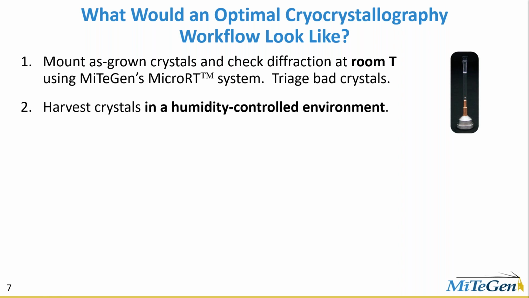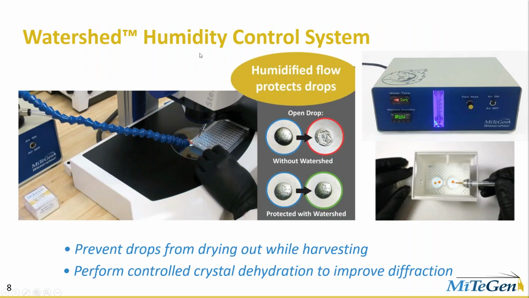Next, to maximize isomorphism, you want to harvest your crystals in a humidity-controlled environment and keep them from drying out. And I'll just make a plug for Mitogen's watershed humidity control system.